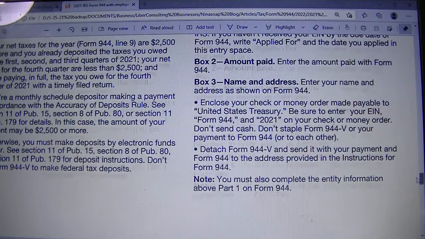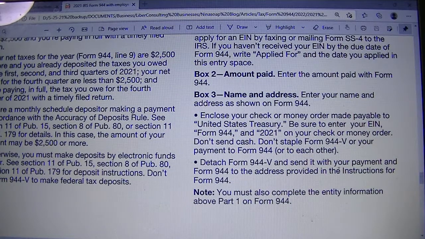Take your business check. You can use your business check or you can use a money order, but I like to use a business check because I have more space to include the information that needs to go on it. On the top portion, payable to, you'll put United States Treasury. And then you'll put the dollar amount, $49.70, in the amount section of the check.